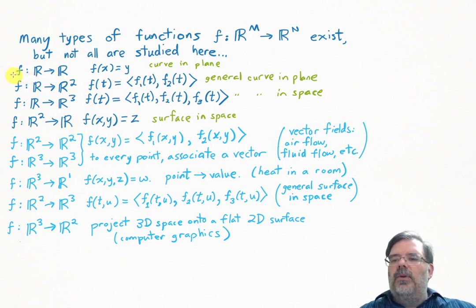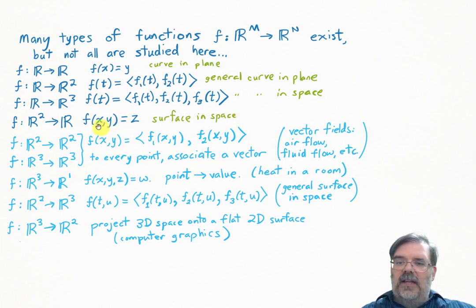Just like when we study functions f of x equals y, you can graph curves like parabolas, but you can't graph something like the trefoil knot curve. Right? You need this more general form to capture different types of curves which would not pass the vertical line test. Similarly, these functions f of xy equals z can be used to graph a surface in space that passes a vertical line test.